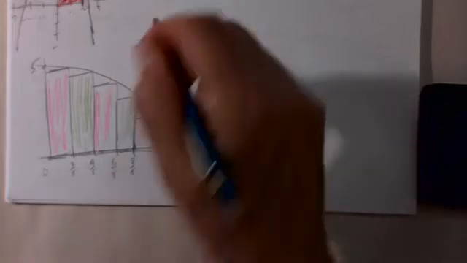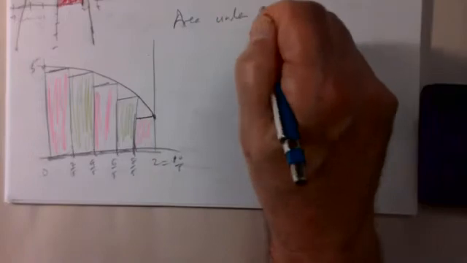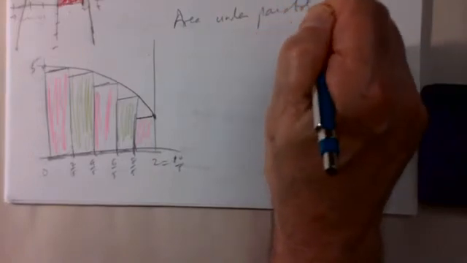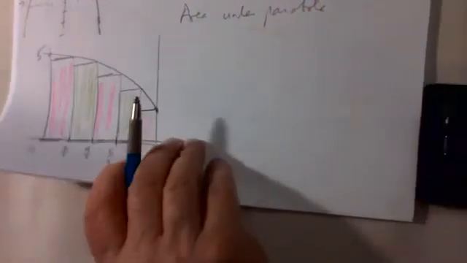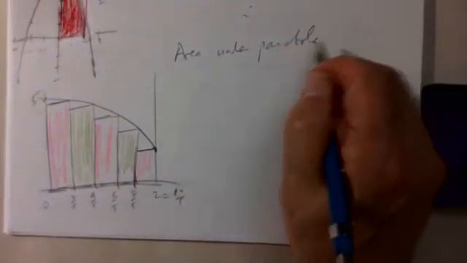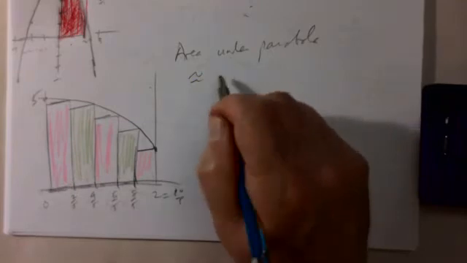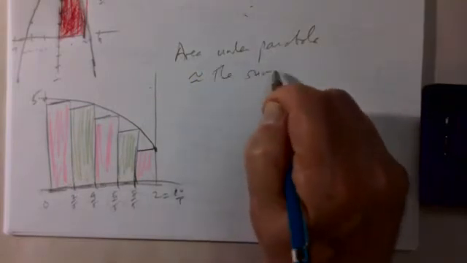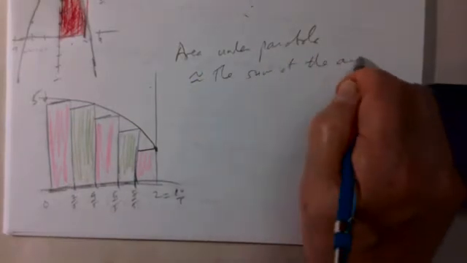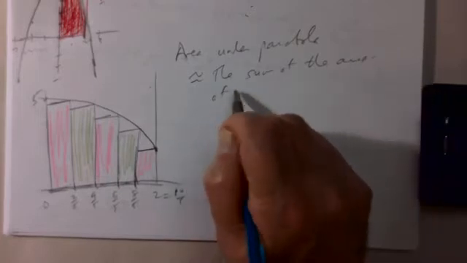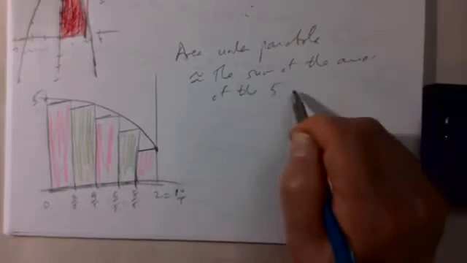And what we can say is the area under the parabola from x equals 0 to x equals 2 is approximately the sum of the areas of the 5 rectangles.